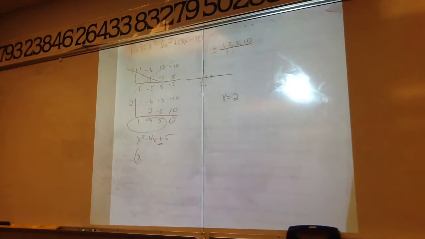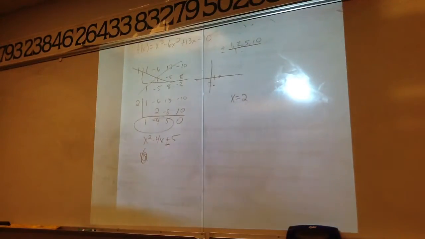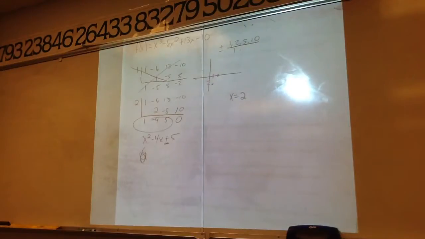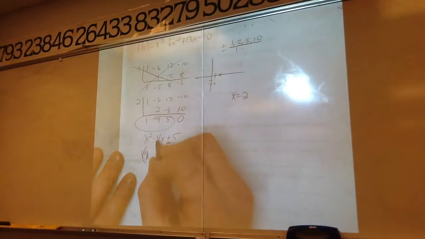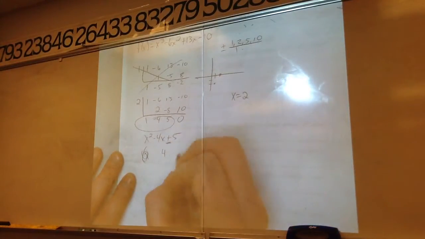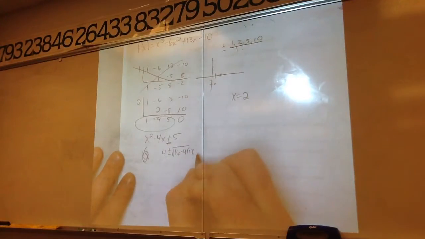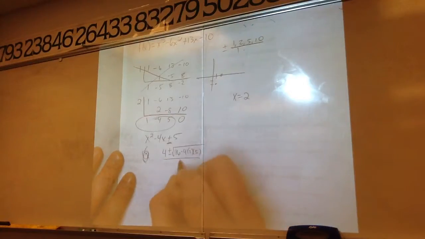Interesting. You know what it might be? There might be 2 imaginary roots. Let's do the quadratic formula and see. Negative b plus or minus the square root of b squared minus 4ac over 2a.